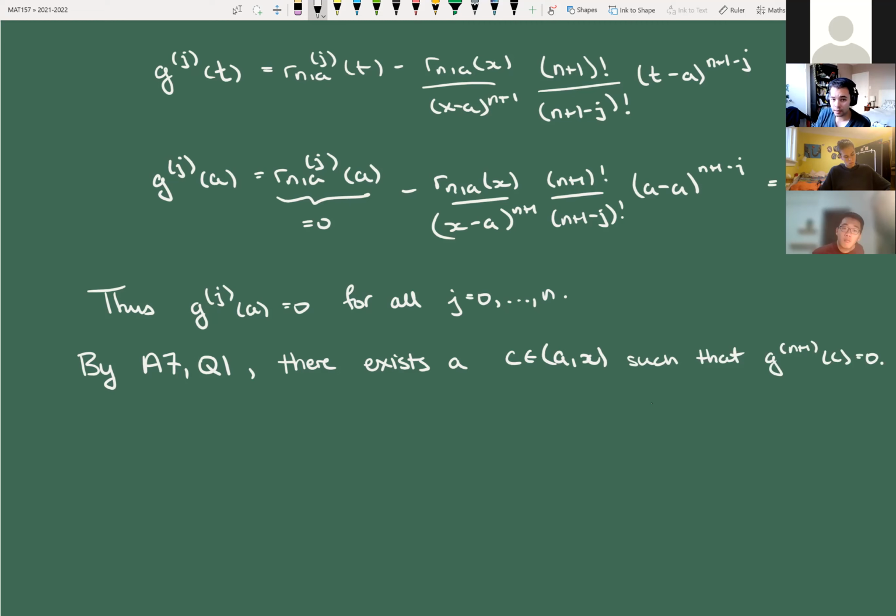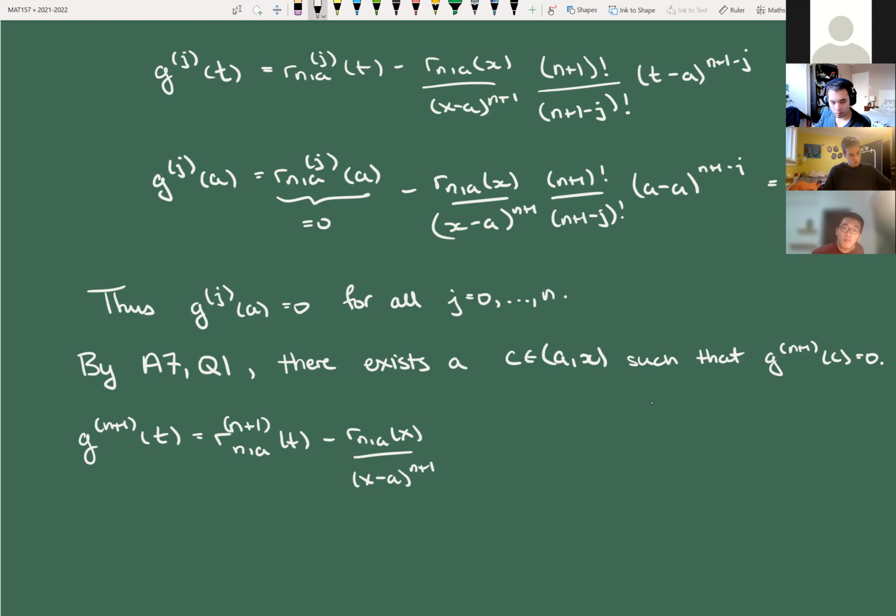Okay, so what is g to the n plus first derivative? So g to the n plus 1 of, well, again, let's just do it at t first, is r to the n plus 1 minus R_{n,a}(x) divided by (x minus a) to the n plus 1.